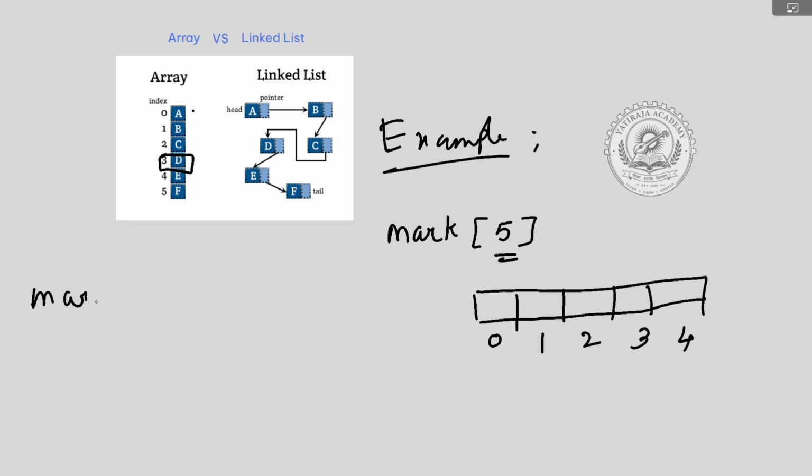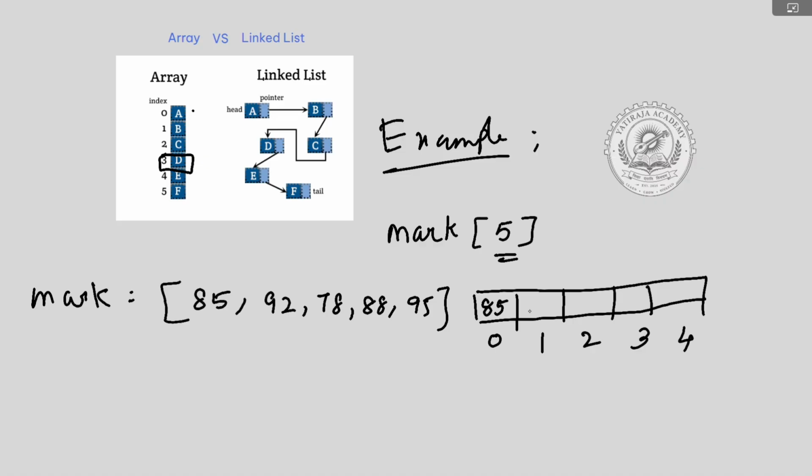So let me show how the mark array works. The first student's mark is 85, second student 92, then 78, 88, and 95. Programmatically we write it like this; what I draw is a visual array, not the original.